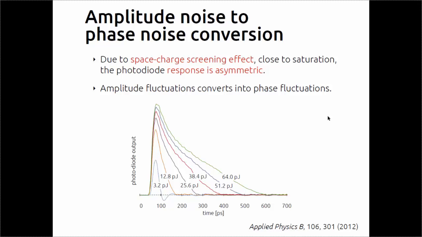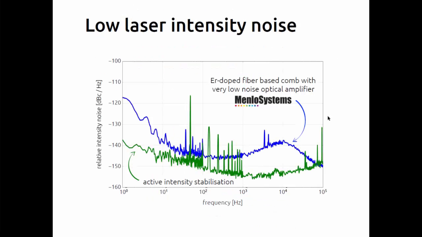There are two ways to reduce the importance of this effect in the microwave extraction. The first one is to reduce my amplitude noise, so there is less that can be converted into phase noise.